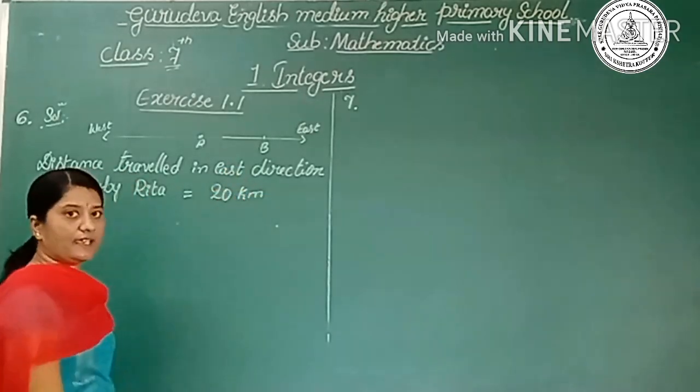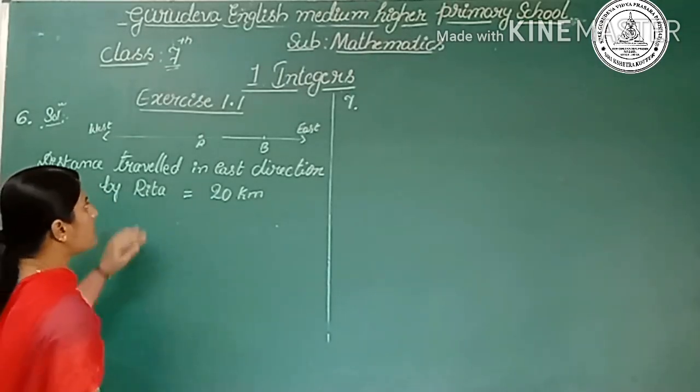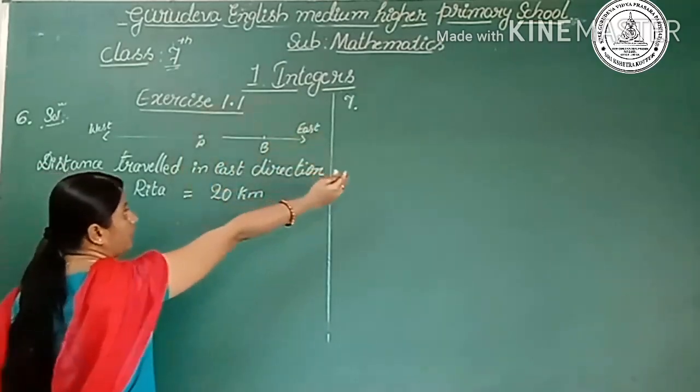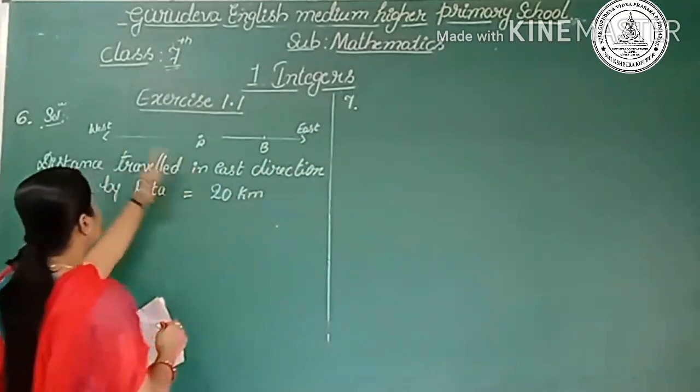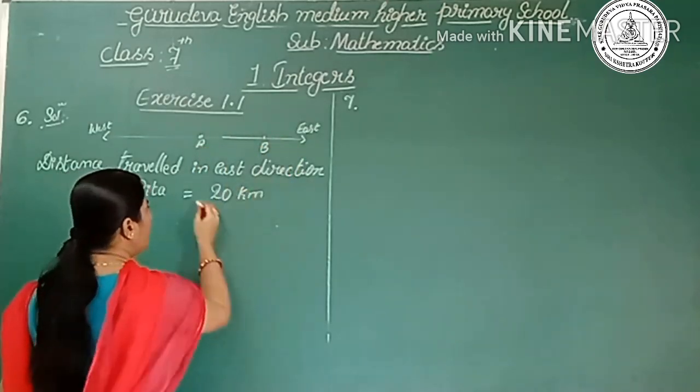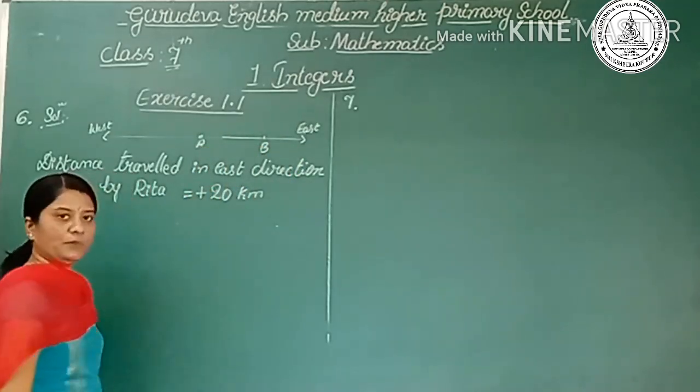So it is in the east direction. If we imagine a number line, we can take it as right of the 0 and left of the 0. So it is right of the number line.